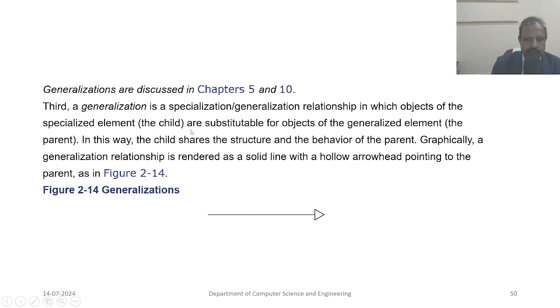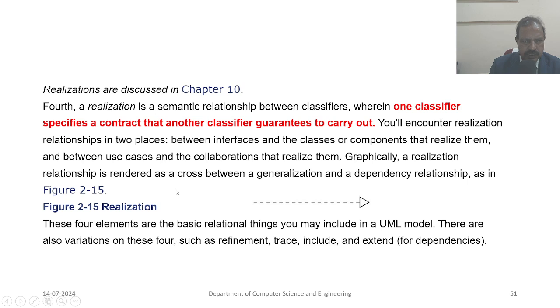Generalization or specialization is a relationship in which objects of the specialized elements are substitutable for the objects of the generalized element. So we can say account is the generalized one, and savings bank account, current account, gold account, senior citizen account, and loan account are the specializations.